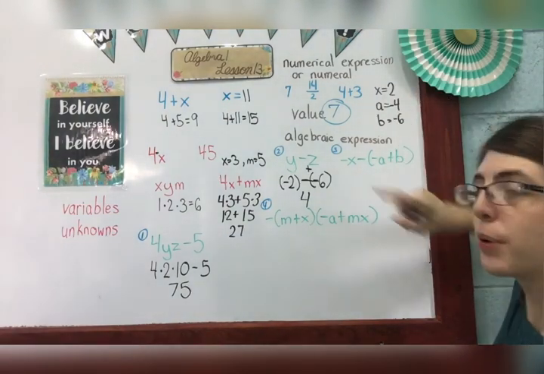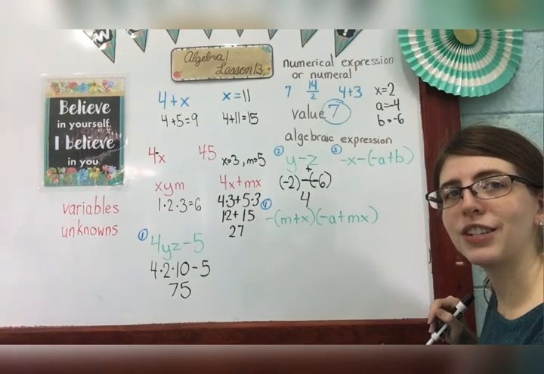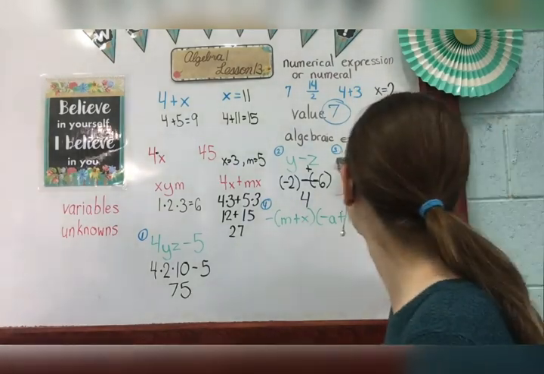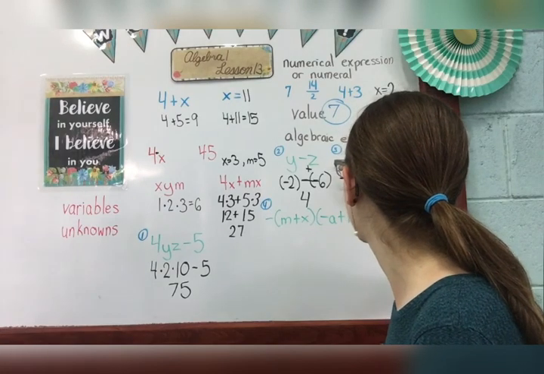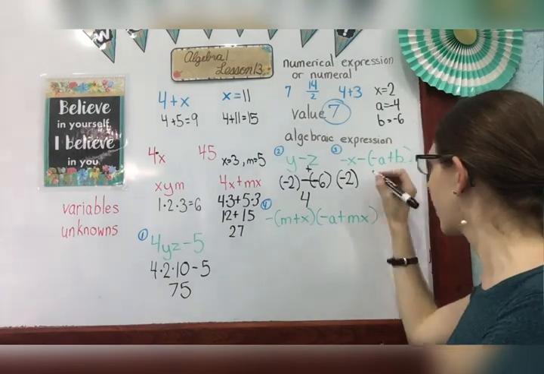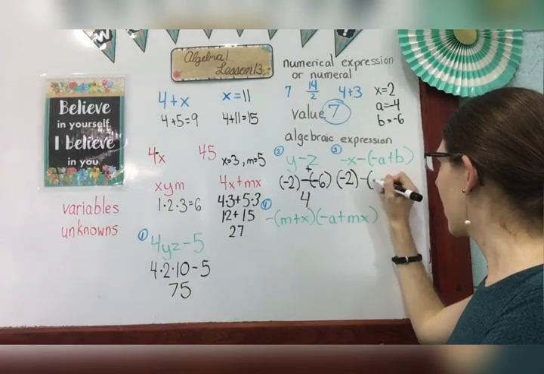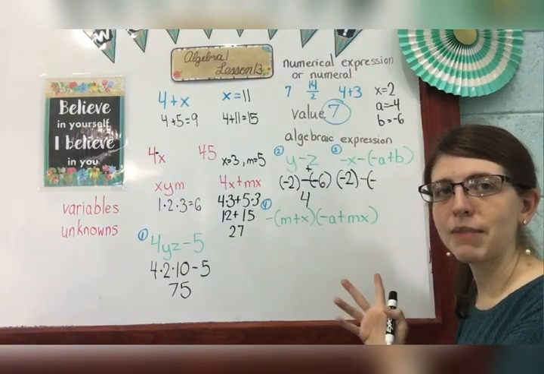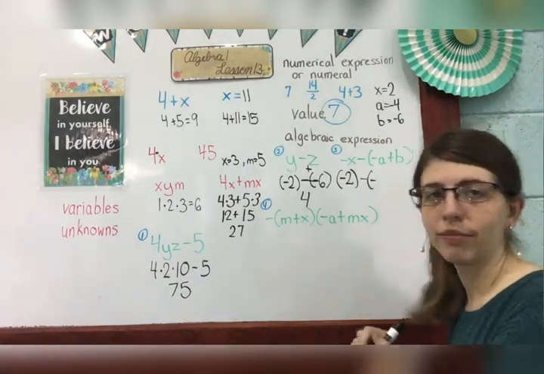So now I'm going to start putting those numbers into my problem in the place of their letters. So here I have a negative x, so that's a negative 2. I'm going to just put some parentheses around it to guard it. Minus, now I have negative a. A is already a negative 4, so does that mean I just write negative 4 like this?